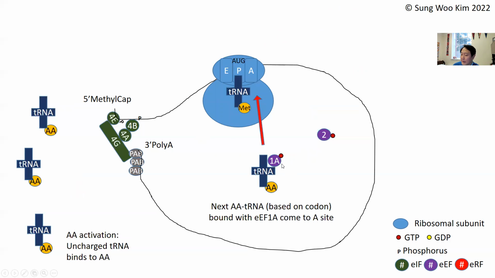Now this elongation factor 1A with the GTP will carry the next amino acid tRNA following the codon. So whatever the codon says, if this is coded for lysine, then this should be lysinyl tRNA carried by elongation factor 1A with GTP.